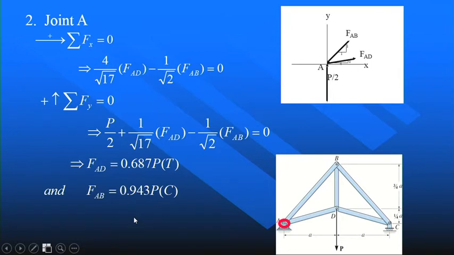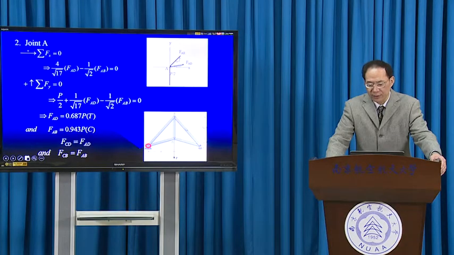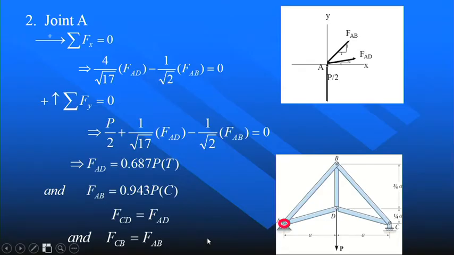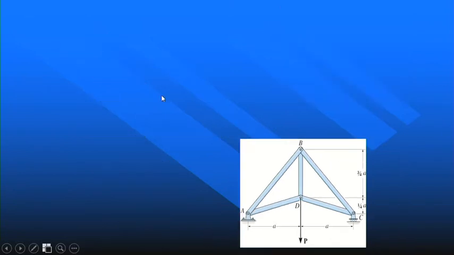Now we can use the symmetry. FCD equals FAD and FCB equals FAB. We get another two unknowns. Up to now, we only have one unknown left. That is FBD. We should solve FBD next.